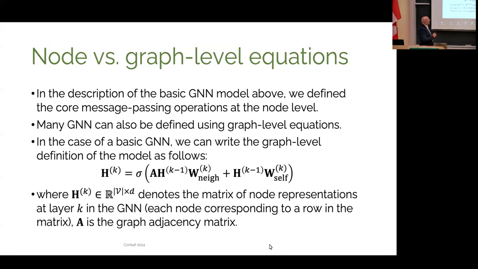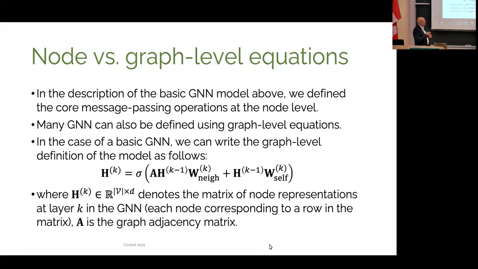And in the very last slides, I was proposing to rewrite the GNN using matrix operations, and we said this has the advantage of having very simple matrix vector operations.